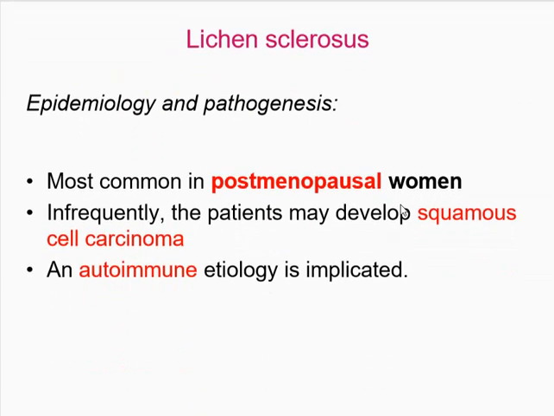Lichen sclerosus occurs in postmenopausal women. This is a relatively common condition. It has a proposed autoimmune etiology, and infrequently, as a consequence of lichen sclerosus, squamous cell carcinoma of the vulva may develop.